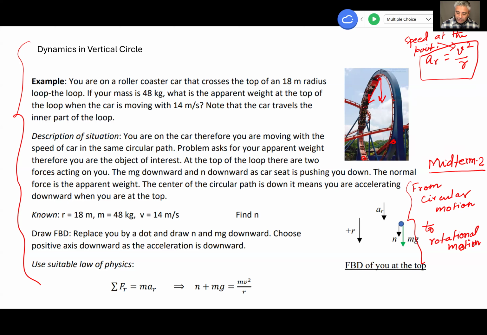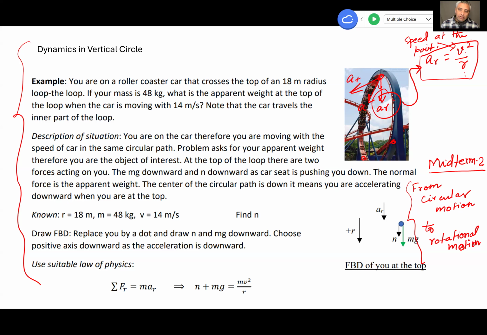So in that case, you can find the radial acceleration component of that in that direction. Okay. And there's going to be tangential acceleration. So for this, we are talking about just the radial acceleration, and that radial acceleration is always equal to the speed at that point squared over r. So that you want to keep in mind.